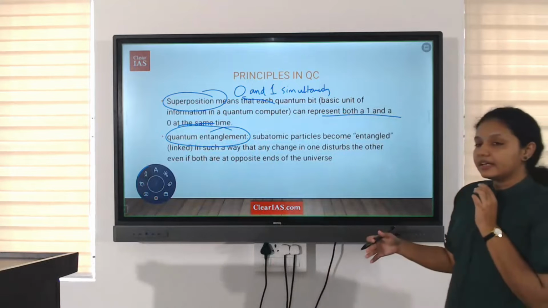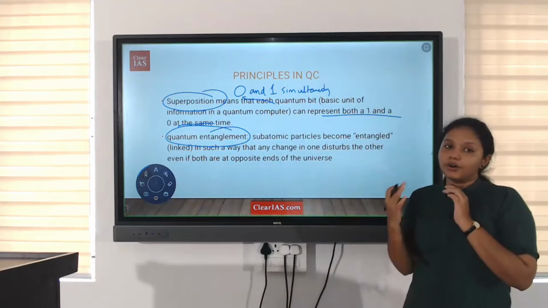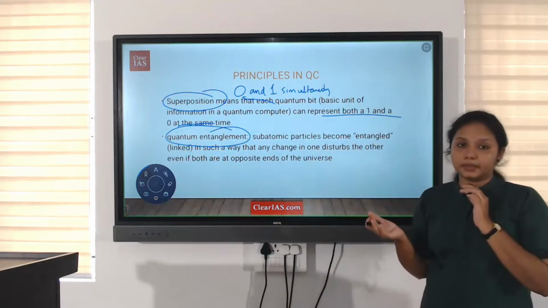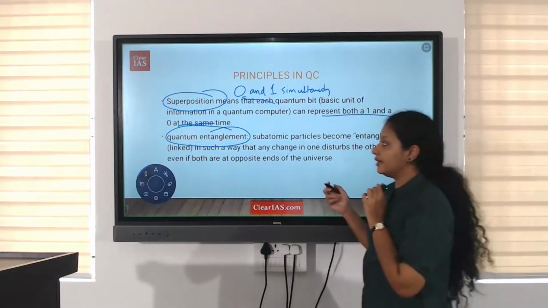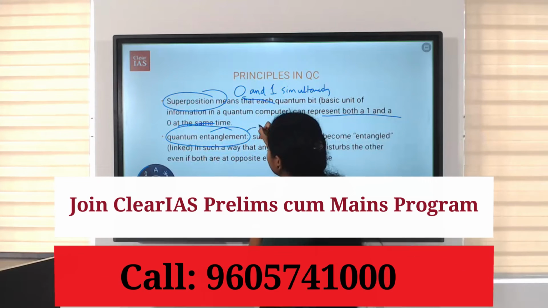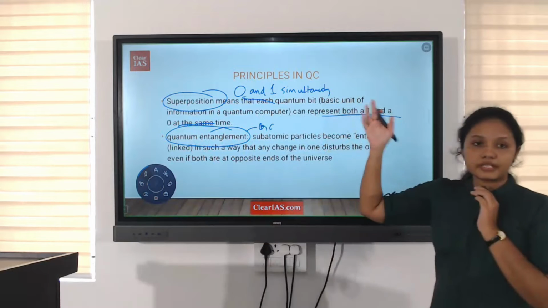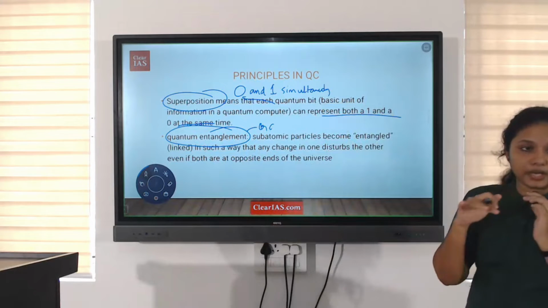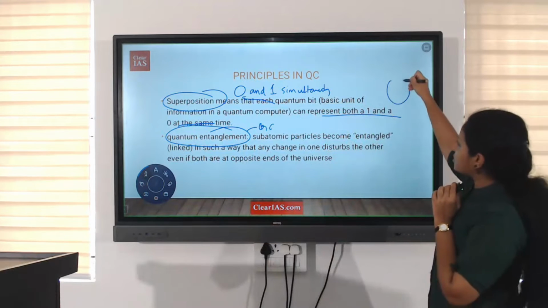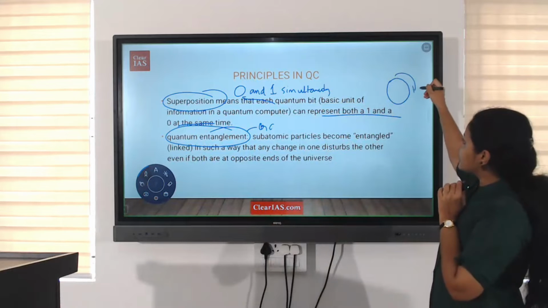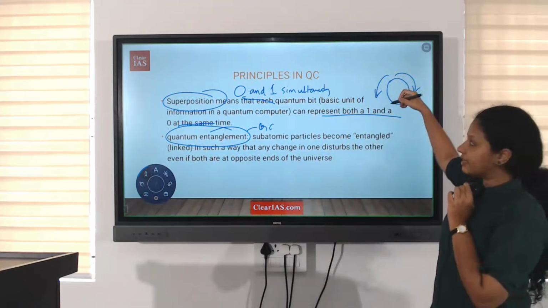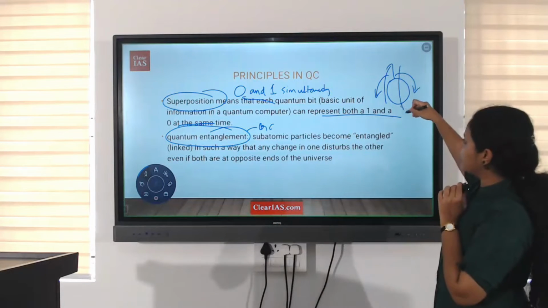Now, entanglement is another principle of quantum computing. For example, it can also be represented at the electron level. An electron can spin either in the upward direction or the downward direction.